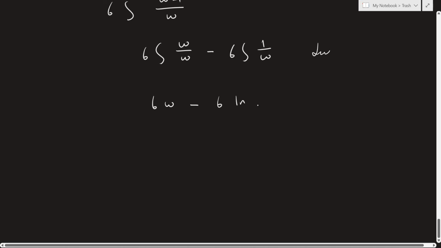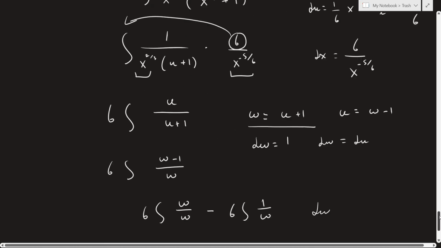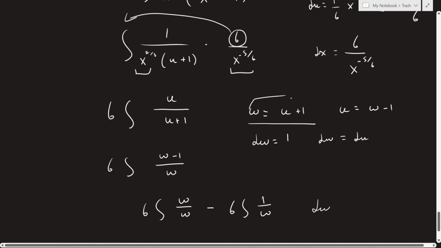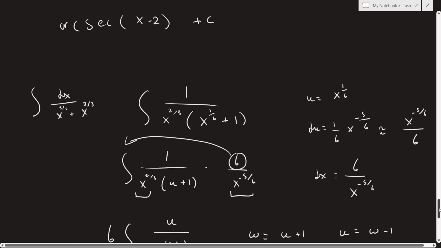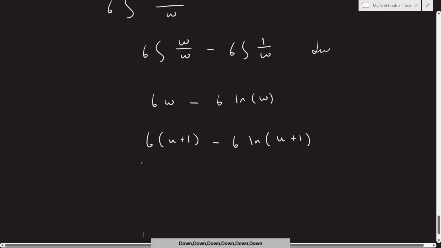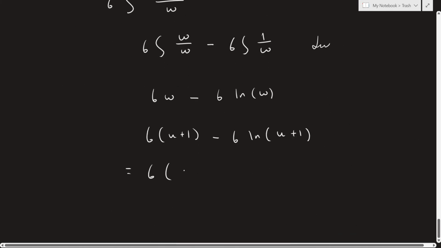Now switch w to u. w was u plus 1, so we switch it by u plus 1: 6(u plus 1) minus 6 ln(u plus 1). Then also switch u. u is x power 1 over 6: 6(x power 1 over 6 plus 1) minus 6 ln(x power 1 over 6 plus 1). And that's it.